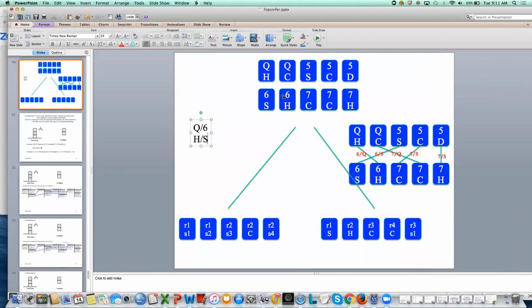Now I go to the next pair of cards and I again see a Q6. Q6 is an association that I've seen before. So I don't create a new association, but I use the variable that I assigned to that association, which is still R1. Here I have a club heart. This is not an association that I've seen before. And so I don't use the variable that I used for suit in the earlier generalized card, but I introduce a new variable, S2.